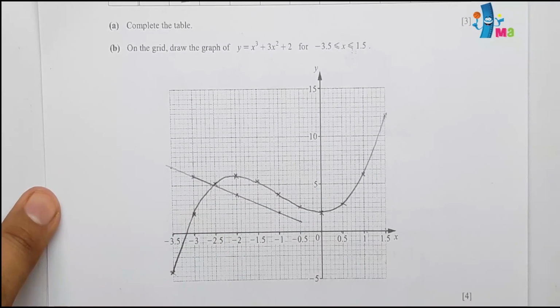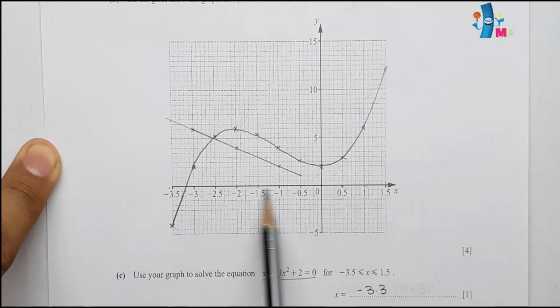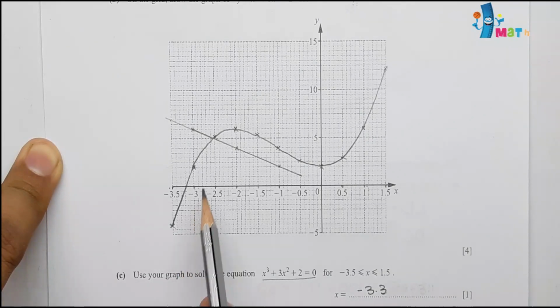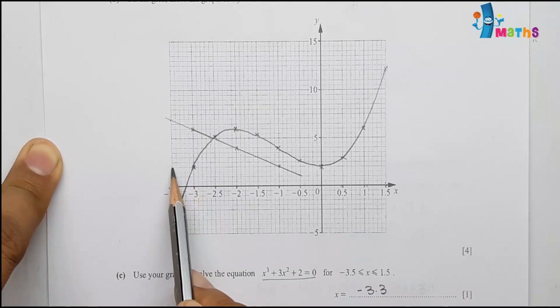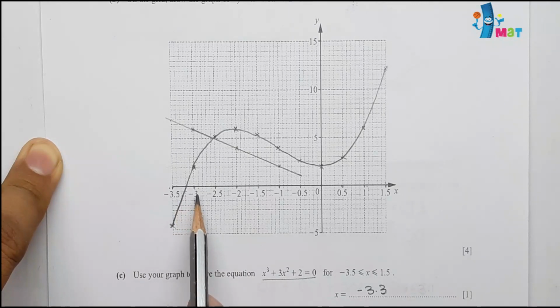Then we have to go through the C part. C part is saying use your graph to solve the equation, this one, for minus 3.5 to 1.5 x value. So if we check this one, this will be the value for x is equal to minus 3.3 in this region.